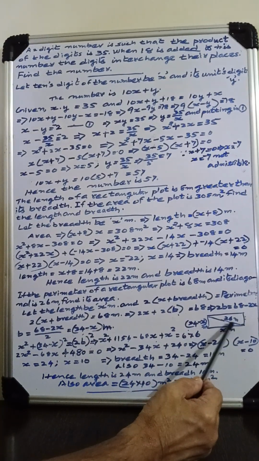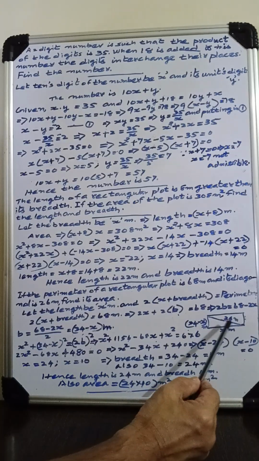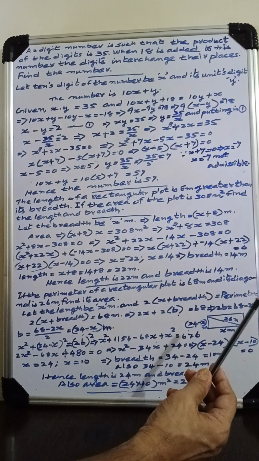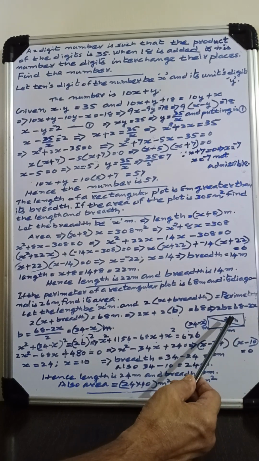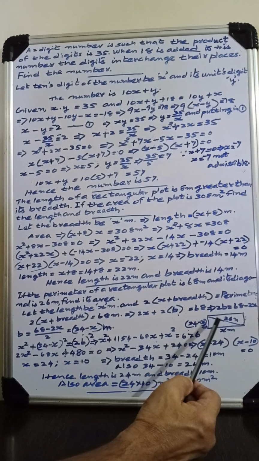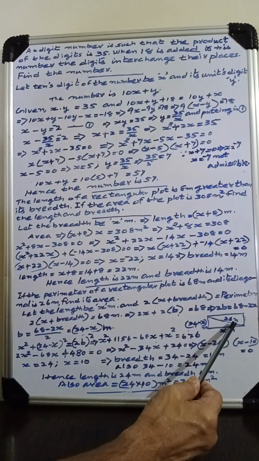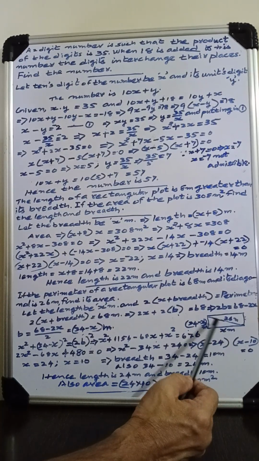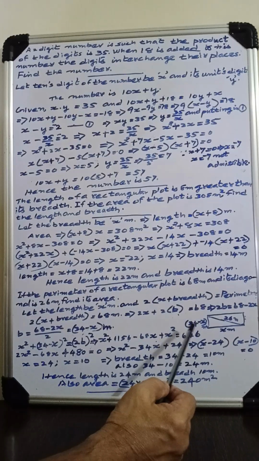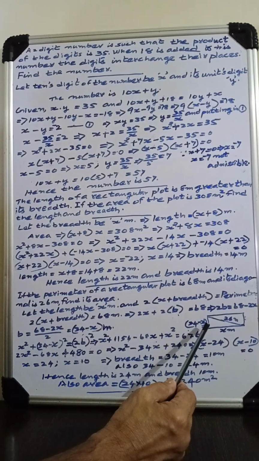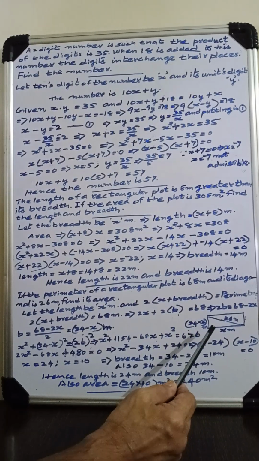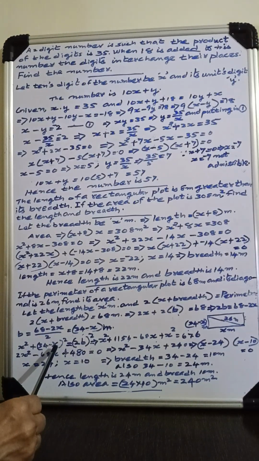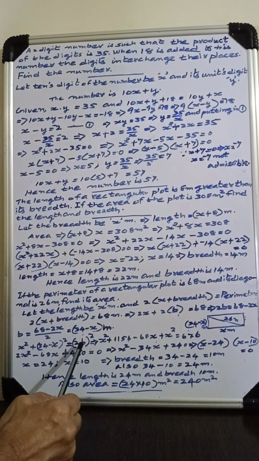The diagonal is given as 26 meter in the question. Therefore, we can conclude that for this right triangle, using Pythagoras theorem, 26 squared equals x squared plus 34 minus x the whole squared.